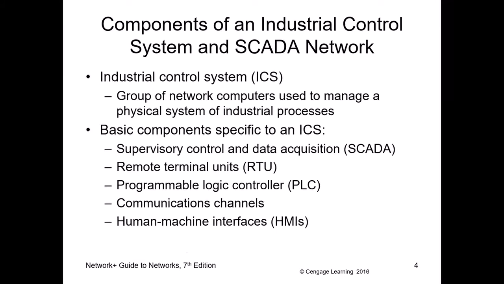There are two things that I want you to write down. The industrial control system, which is a group of networked computers used to manage a physical system or industrial process.